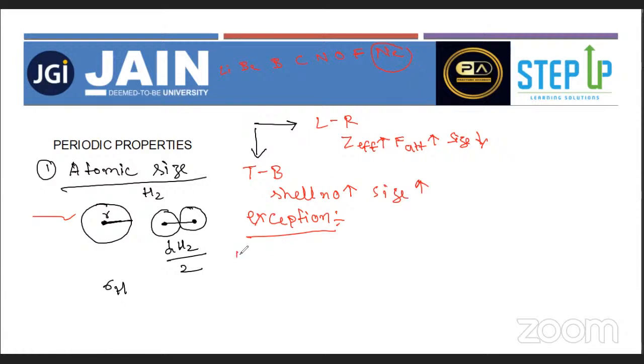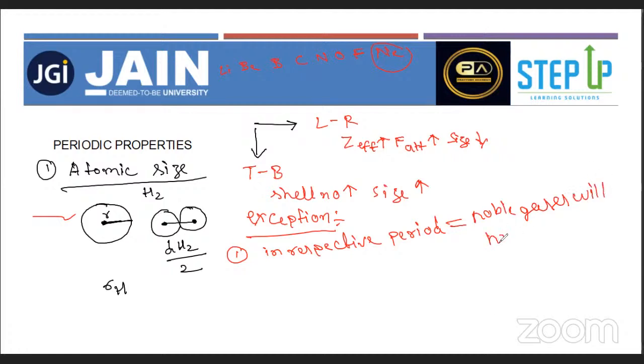So if I'm moving to the first point, exception is what? In the respective period, what will happen? Noble gases will have the highest or maximum atomic radii.